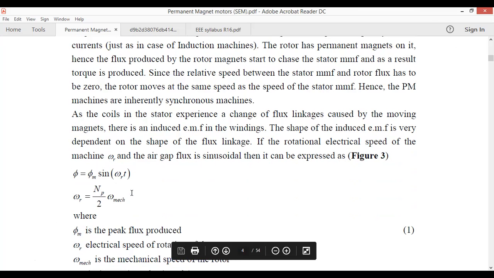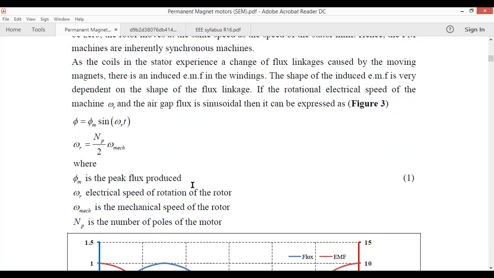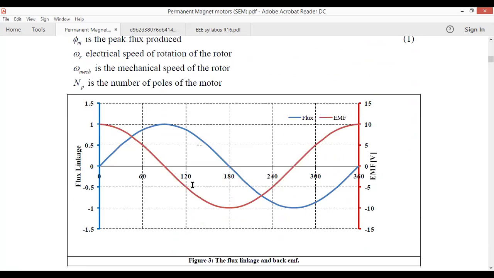Omega is the angular speed, which can be written as np by 2 omega mechanical, connecting it to the electrical speed. Omega r is omega e, the electrical speed, and omega mechanical is the mechanical speed of the rotor. Here, consider the flux linkage and also the back EMF.